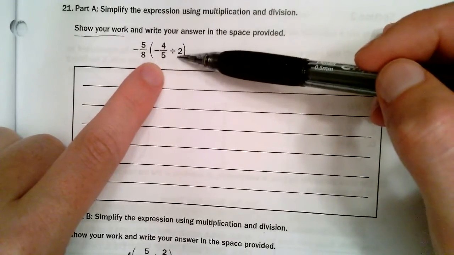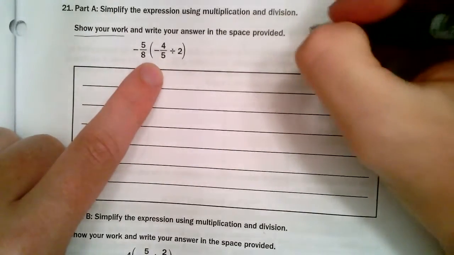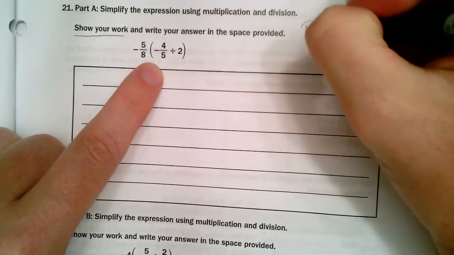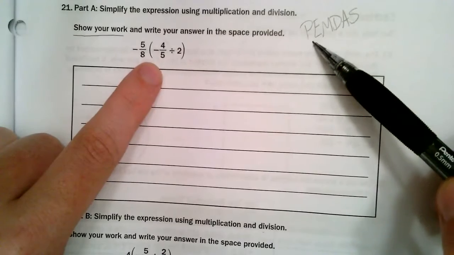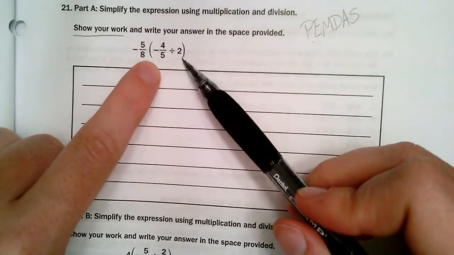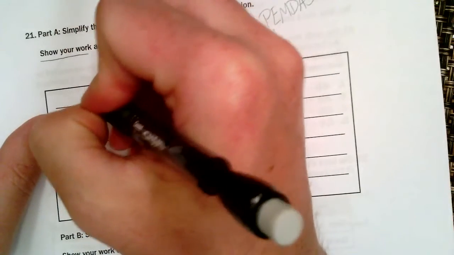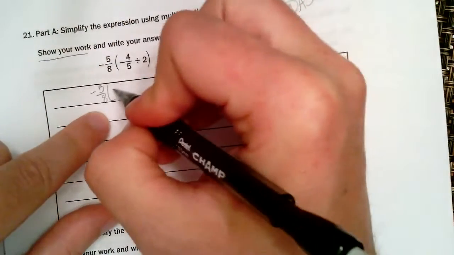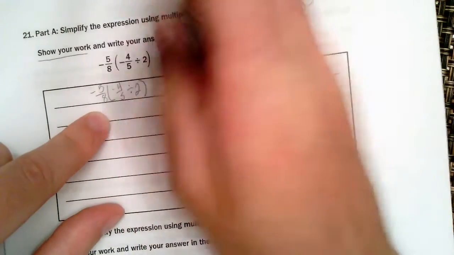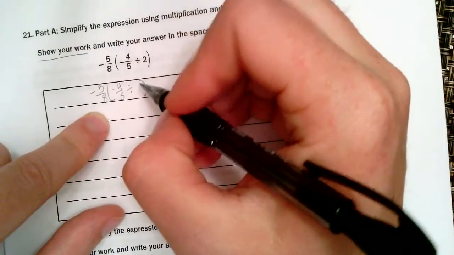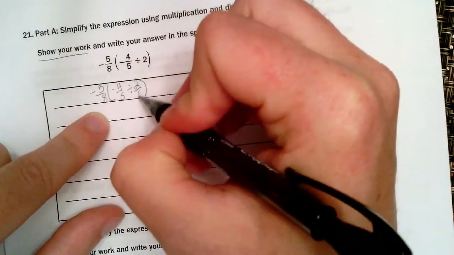Okay, I'm going to follow the order of operations. Remember, my order of operations is PEMDAS. Okay, parentheses first. So I'm going to do what's inside of parentheses. So I've got negative 5/8 is going to stay the same, and I'm going to divide negative 4/5 by 2. Okay, well, 2 needs to be a fraction, so I'm going to write it over 1. 2 over 1.